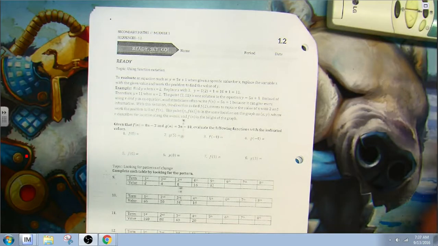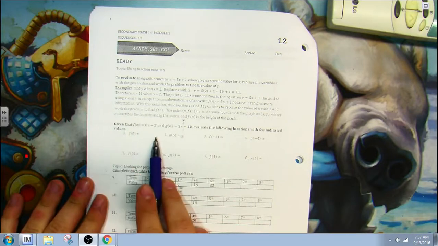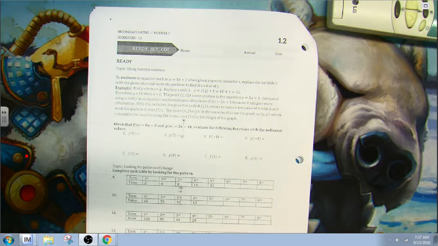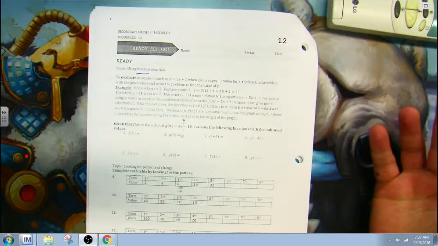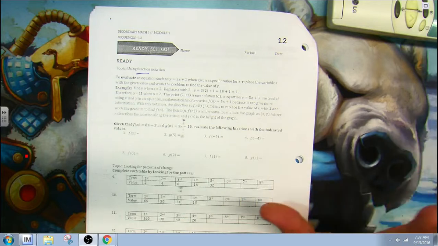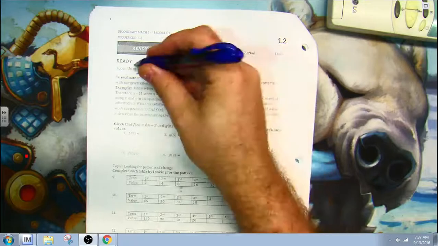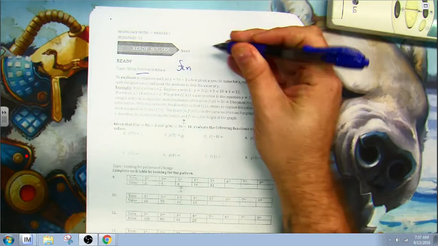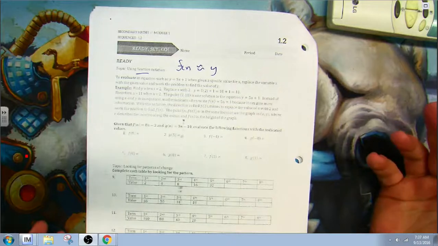So when I'm looking over this, the first thing that I see is we're going back to equations, but this time we're talking about function notation. And function notation is going to be kind of integral to understanding the way that we're going to look at math as we move forward. Now, when I have an f of x, it's going to be very similar to what a y represented in previous equations.